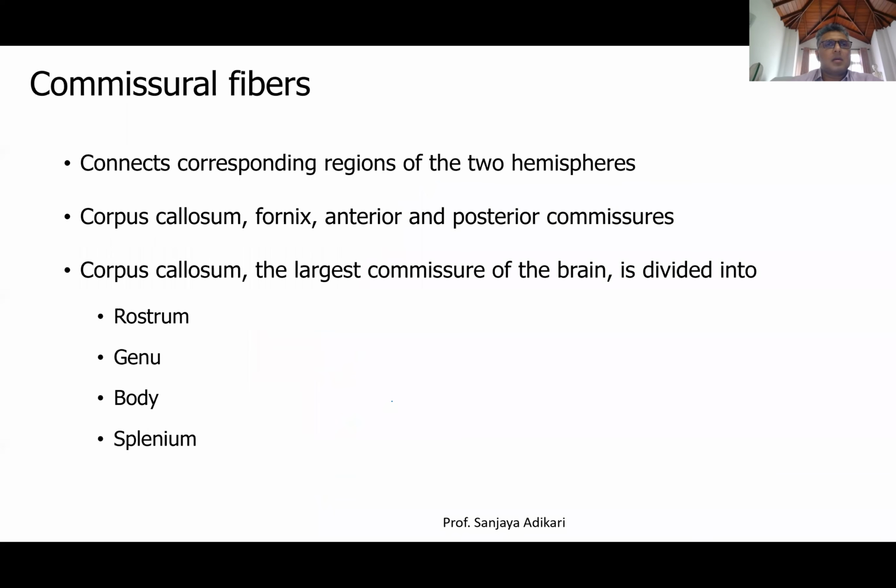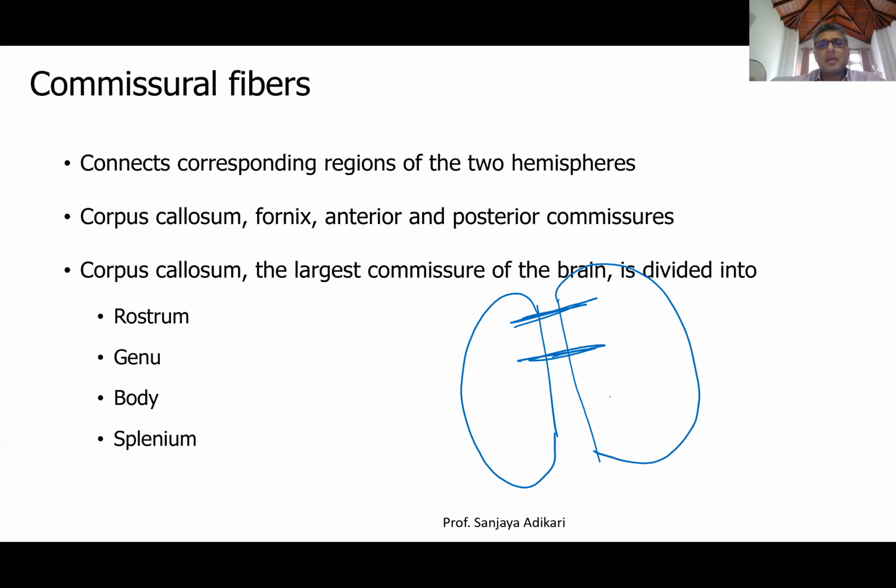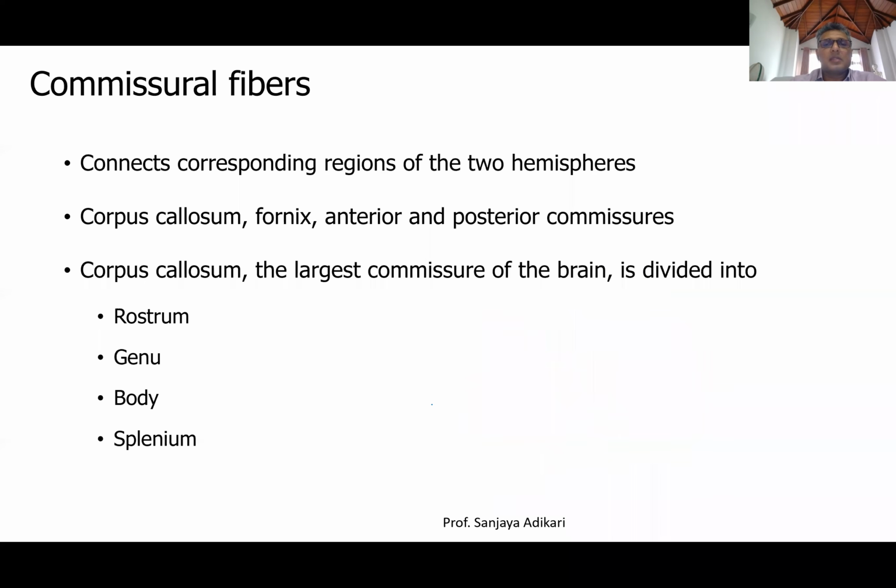Now the function of commissural fibers is to connect the 2 cerebral hemispheres. Now you have one cerebral hemisphere like this, then you have another cerebral hemisphere like this. 2 sides are connected by commissural fiber tracts. These are white matter, nerve fibers. Now one important commissural fiber tract is the corpus callosum that we just described, which is like this.